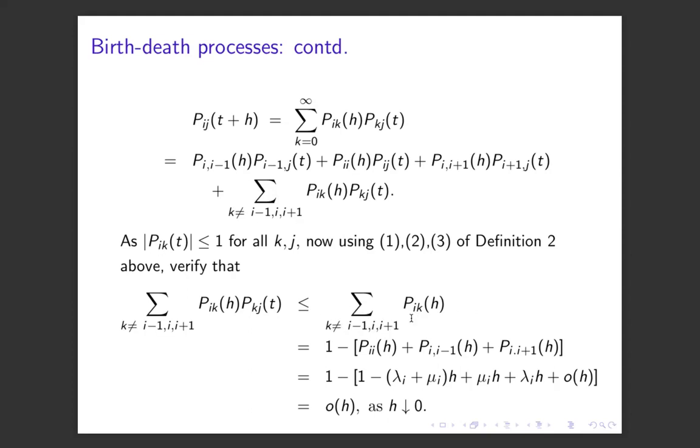Since this involves all the terms other than these three, it is just 1 minus these things; here you are not using property 3, it is just using the straightforward p i k h.